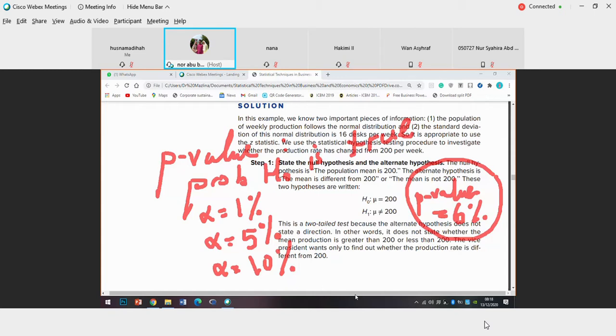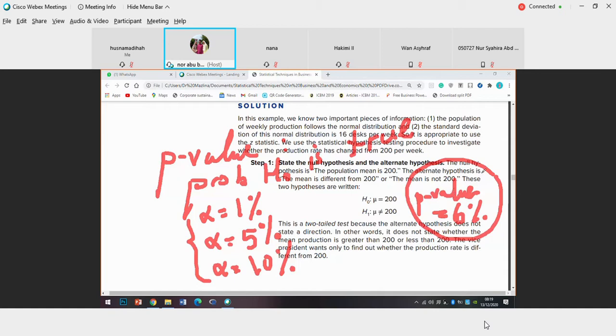Okey, jadi sebenarnya bila 6%, kalau saya tanya Hakimi tadi, saya tanya secara general kan. Of course dia akan kata 6% is very low. However, we are talking about p-value, we talk about the level of significance. Nampak? Jadi p-value ni lagi mudah kita tengok berbanding dengan critical value.